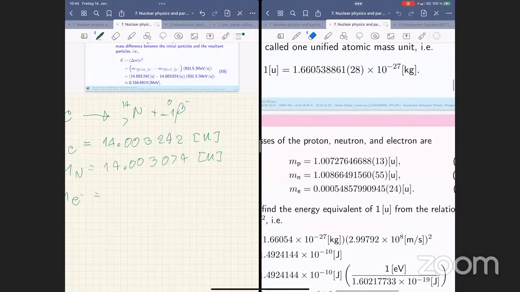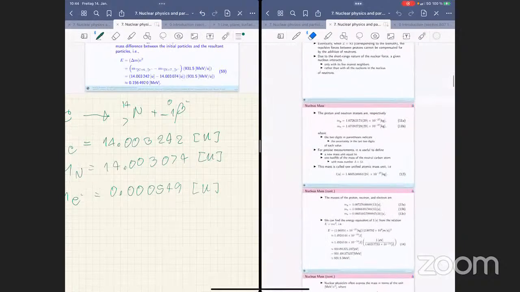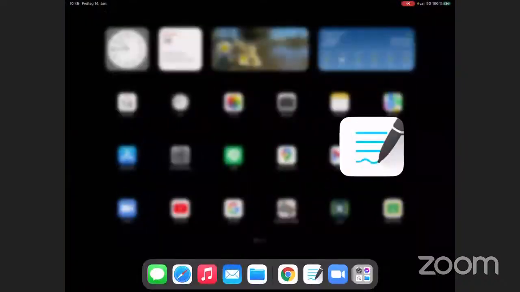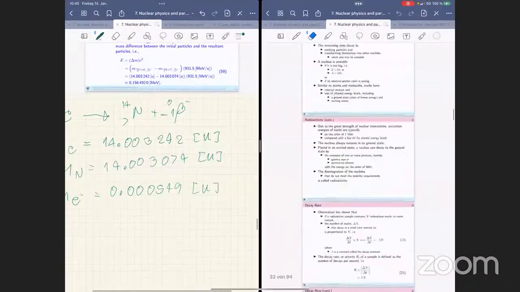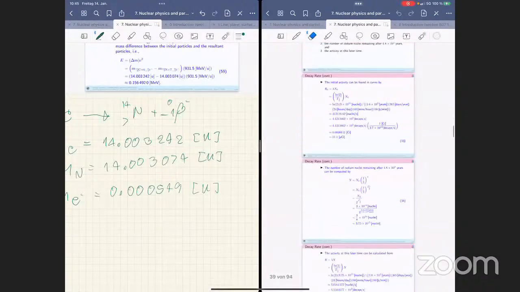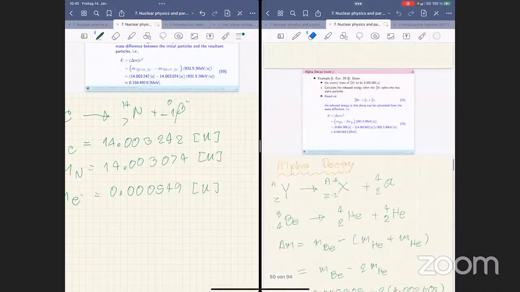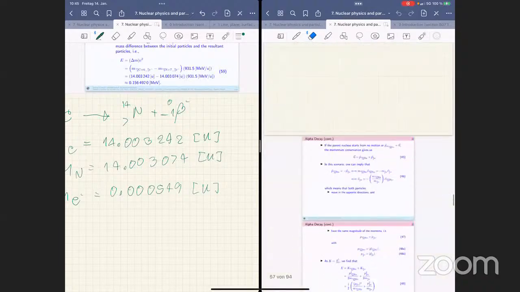The mass of the electron in terms of atomic mass units is very, very small, 0.000549 atomic mass units. That's the mass of the electron in atomic mass units. We're going to use the unit u so that we can convert it to energy easily.